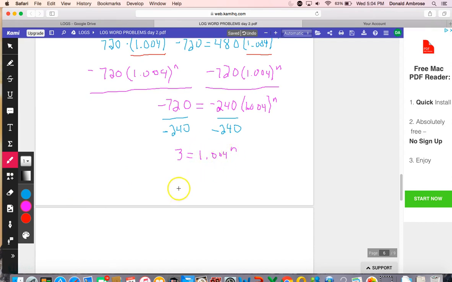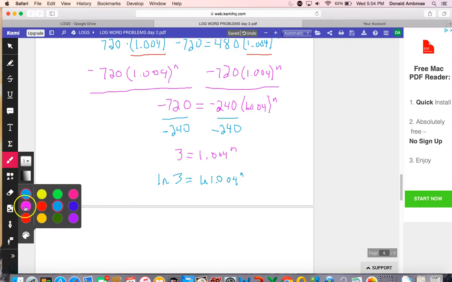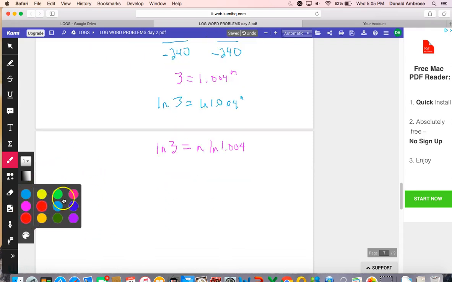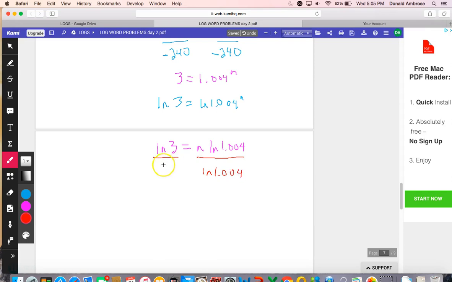And now that we have the exponential expression all by itself, we can take the natural log of both sides. And by the power rule of logs, on that right-hand side, we can bring down that exponent of n, the power of n, and then the last step to solve for n is we would need to divide both sides by the natural log of 1.004.